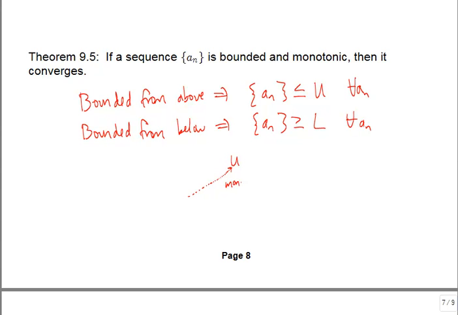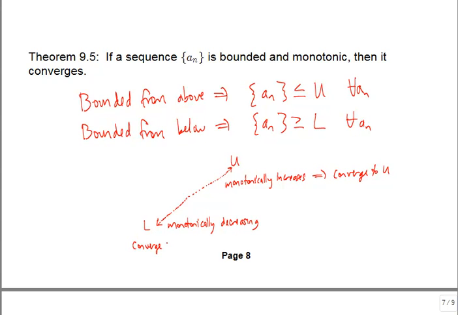So if you're monotonically increasing and you have an upper bound, then that means you're going to have to converge to that upper bound u. In the other direction, if you're monotonically decreasing and getting smaller or staying the same, and you're bounded from below by this lower bound L, then you can't go any lower than L because you're bounded, but if you keep decreasing and getting closer to that L, then you must converge to it.